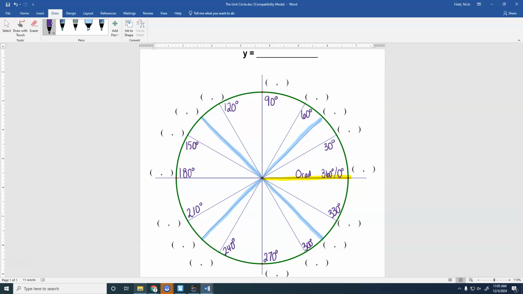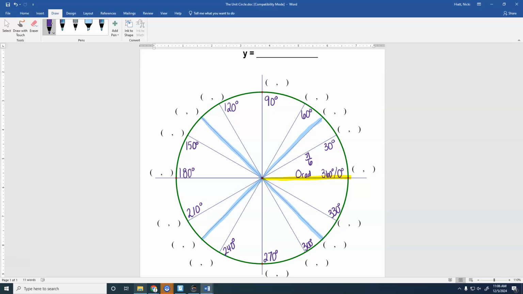If I do radians for the 30-degree angle, it is pi over 6. Okay? So if you're using a pencil, it's okay to do this. But if you're using a pen, don't, because we're going to go back and fix it. So if that angle is pi over 6, that's the same as 30. Then I could just go around like I did with my degrees.